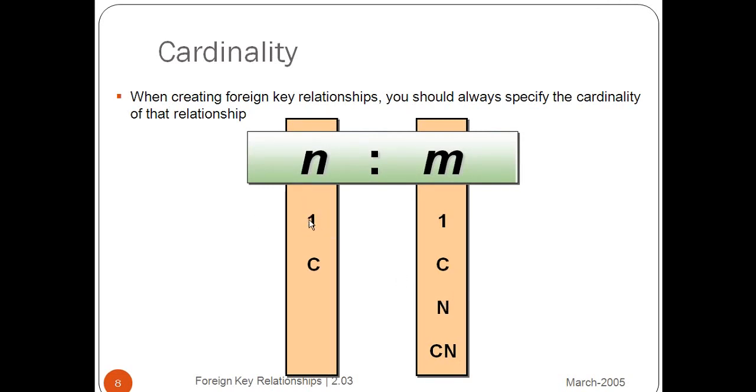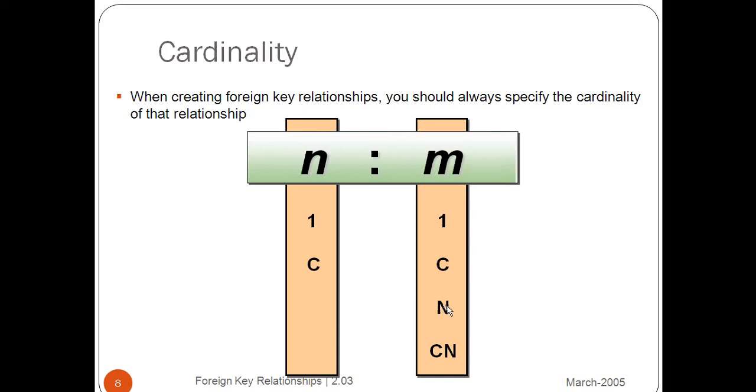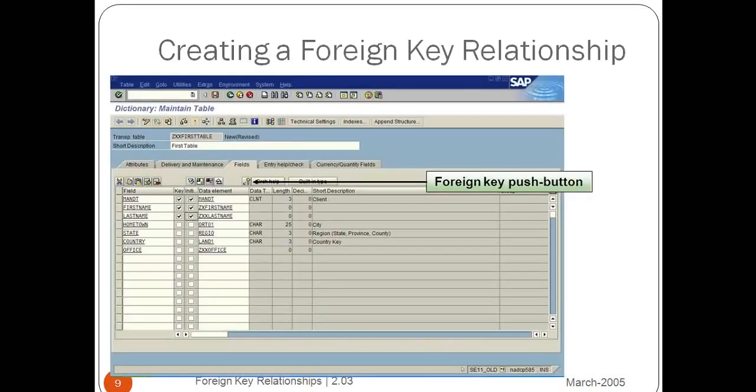So that's what cardinality is. It will tell you the story between two tables, what the relation is, and how both tables are going to be maintained.